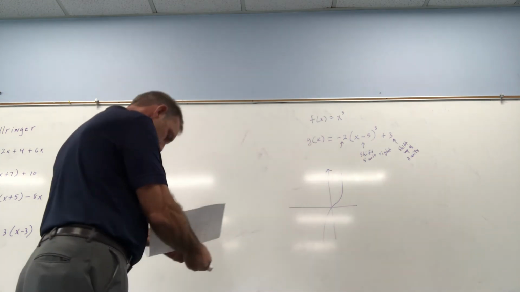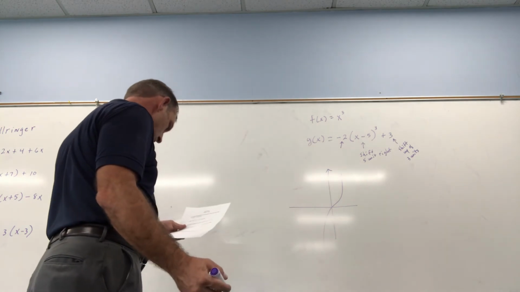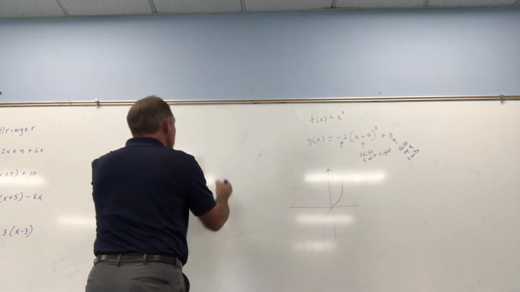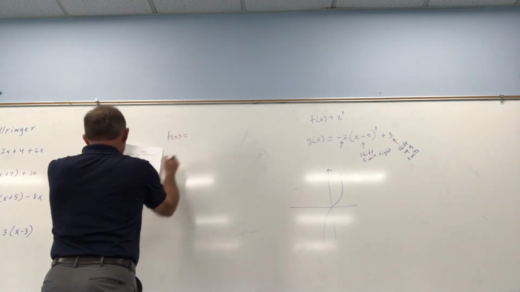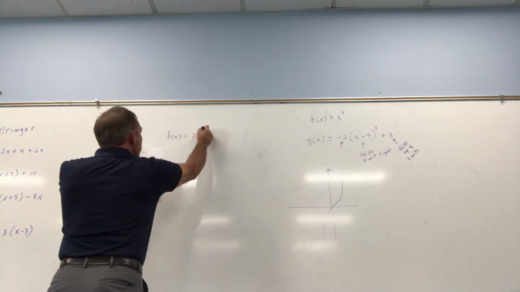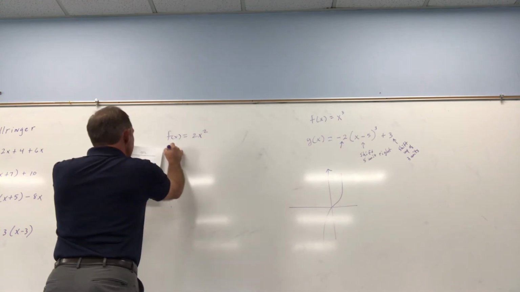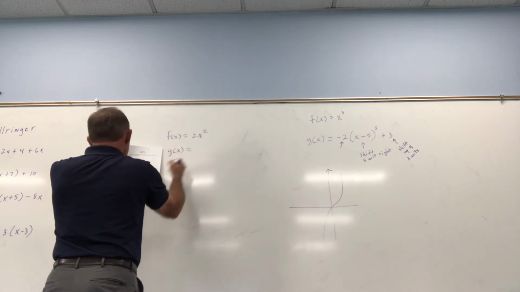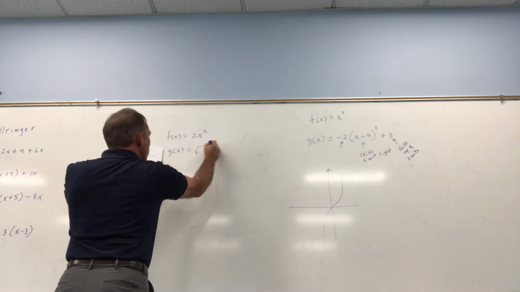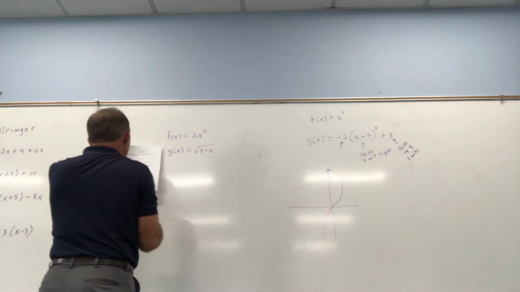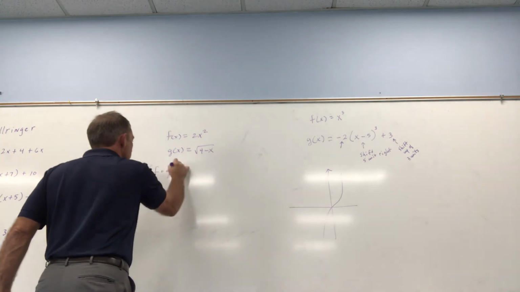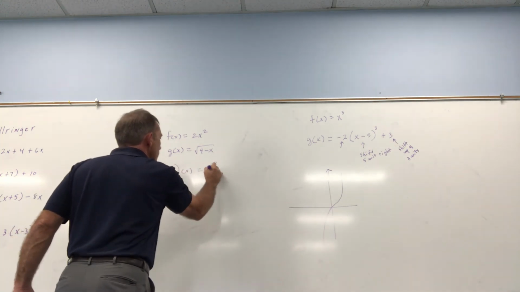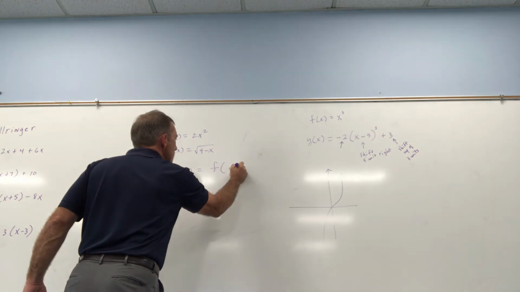Number 7, we want to find a composition of two functions. So we've got f of x is 2x squared, and g of x is the square root of 4 minus x. And we want to find f composition g of x. And that just means we're going to find f of g of x.